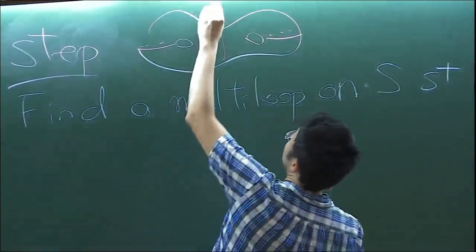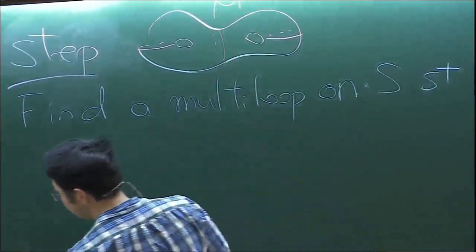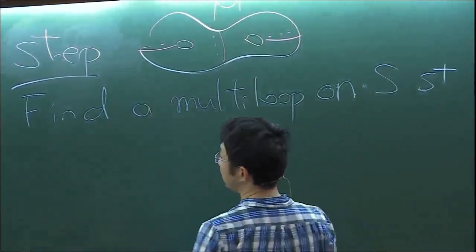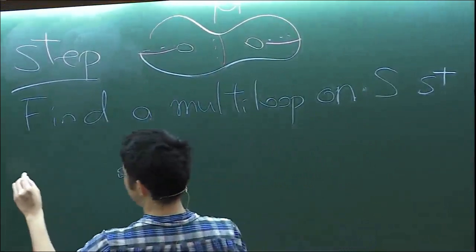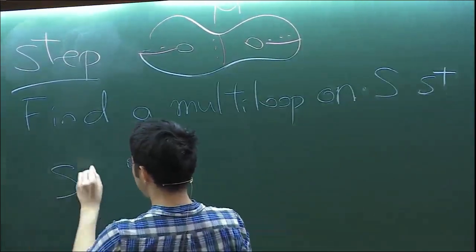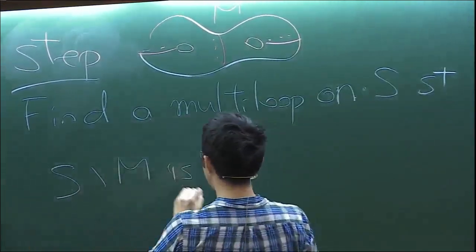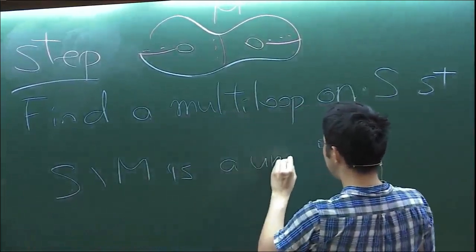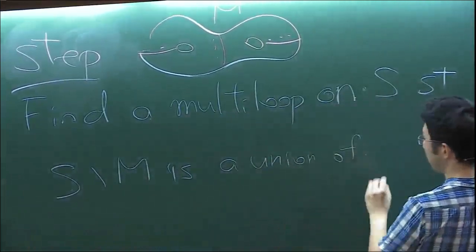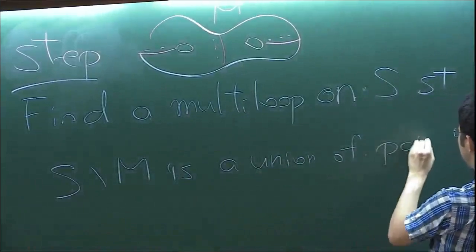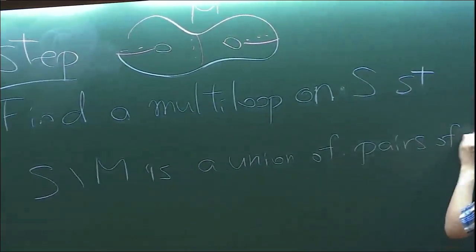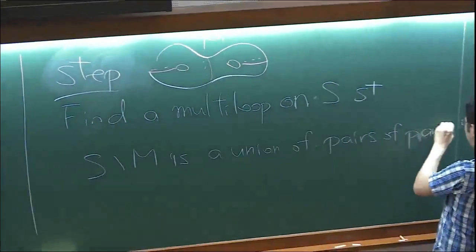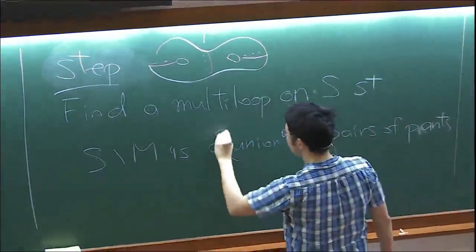So these three loops are an example of a multi-loop on this closed surface, such that S minus m is a union of disjoint pairs of pants.